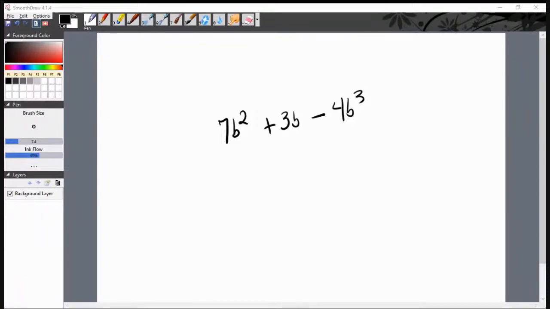What are the like terms here? Are there any like terms? What are they, if they are there? Do any of them have the same exponent?